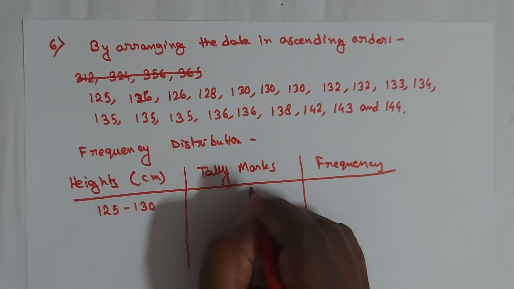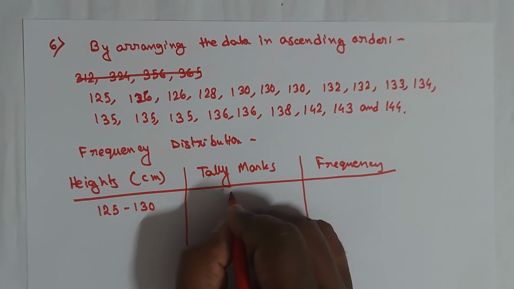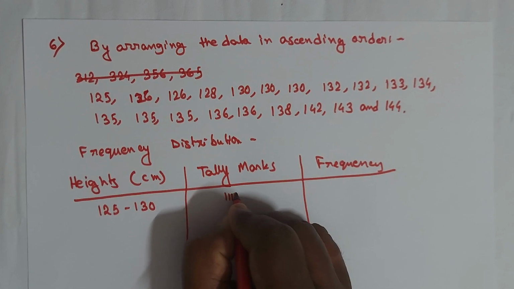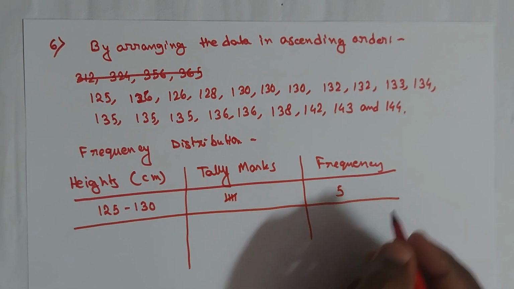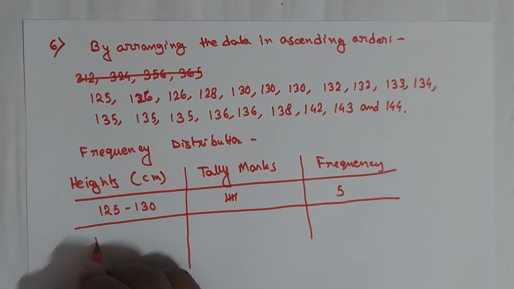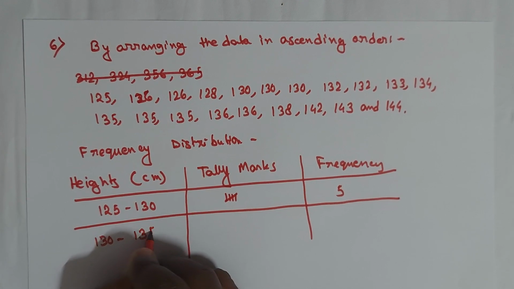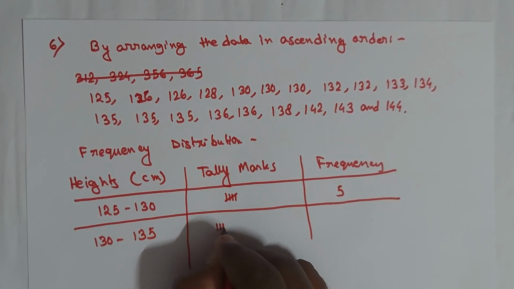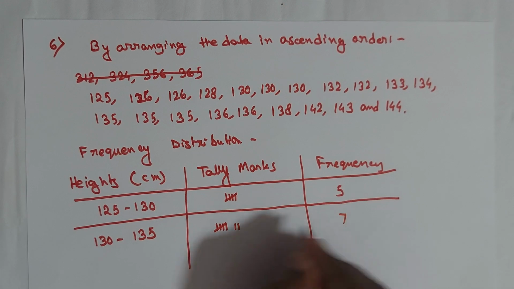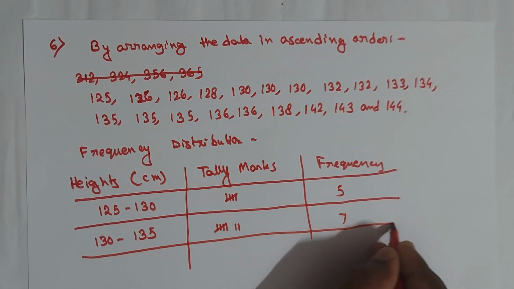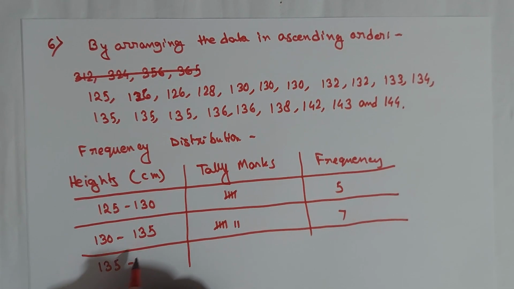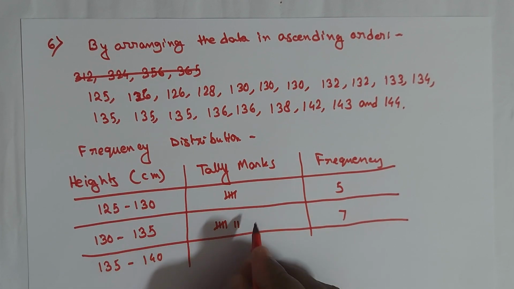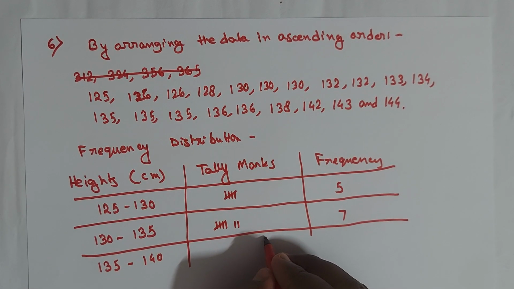So this is 5, 5 students are there. Then 130 to 135, 7. Then 135 to 140, this is 6.